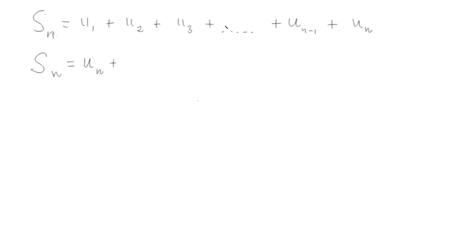Now I could write this out again, but just back to front. Instead of writing the nth term last, I could write the nth term first. That's because in addition, the order of the terms doesn't make any difference. And then I'm going to write the n-1th term here, and then the n-2 term there, plus, now here, what term am I going to have?